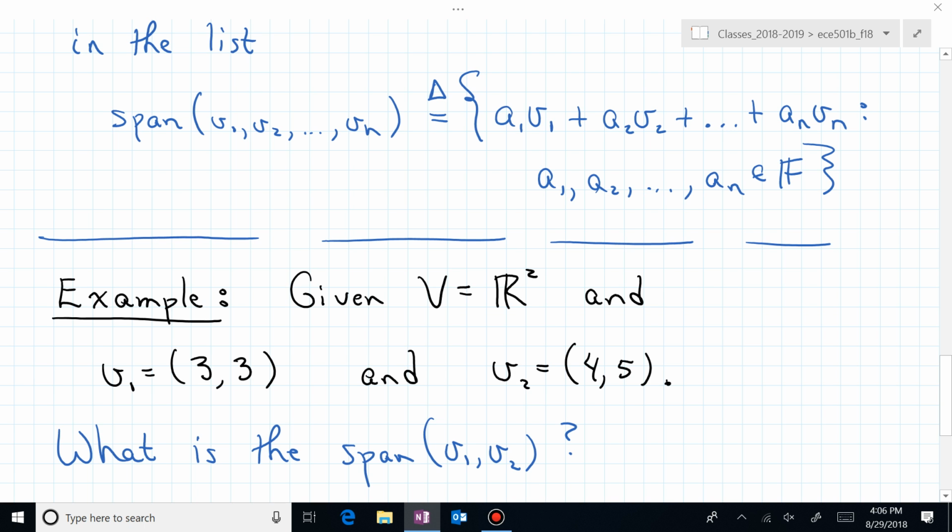What's F? It's the reals. So now we're playing over the field of reals, and we're looking at a vector space which is all of R2, and now we want to know what is the span of v1 and v2, two vectors drawn from the vector space capital V.